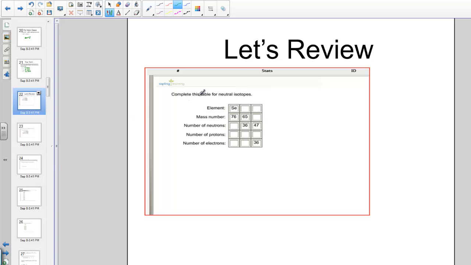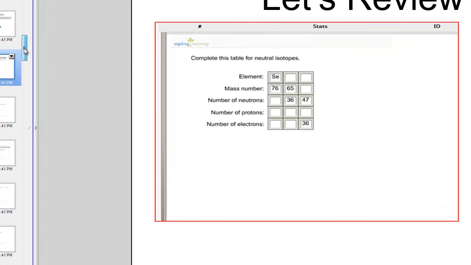We're going to be given the following isotopes, which is just a variety of the atom. Complete the table. We're given the elemental symbol, a mass number, the number of neutrons, the number of protons, and the number of electrons. Whatever it is in the boxes that is missing, it's our job to fill them in. So let's start here. We're going to find the symbol Se on the periodic table. So let's find Se and what information we can pull from it.